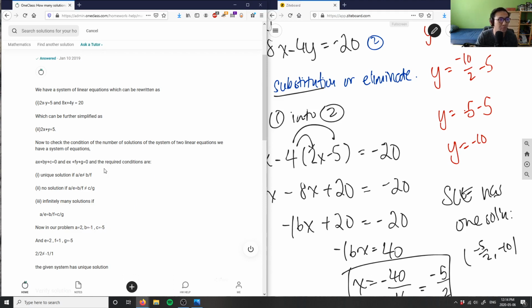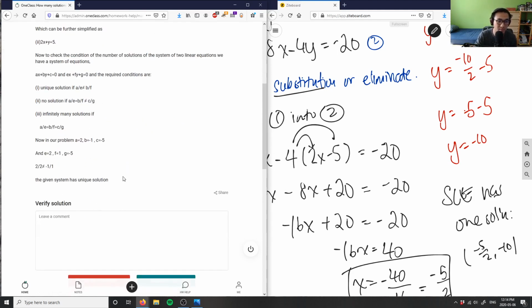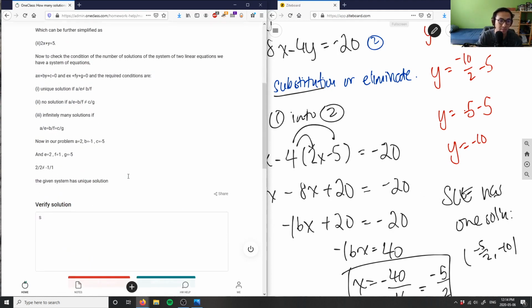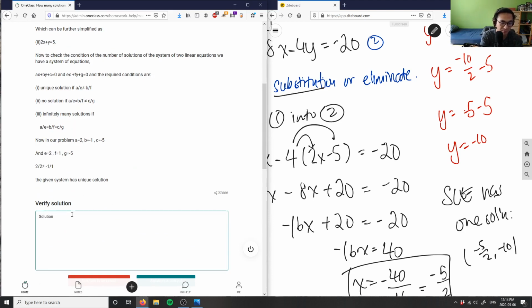Okay, so they're actually rewriting this as a matrix, and they're using systems of linear equations to solve for whether it has one solution, a unique solution, no solution, or infinitely many solutions as well. In this case, they wrote that they have a system which has a unique solution, and I actually went a step further and solved the system of linear equations. So this here has one solution, which is the exact same thing as a unique solution. And I think this question was also just asking how many solutions. So I think the solution is fine. So the solution is correct.